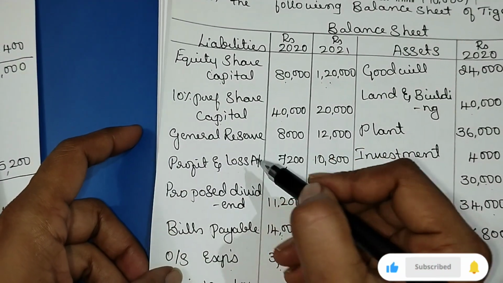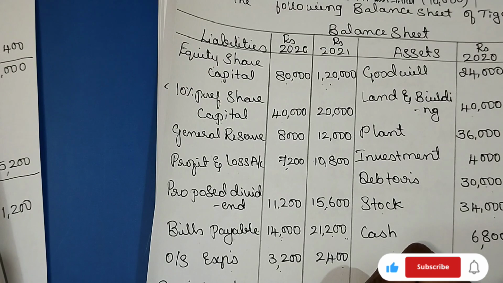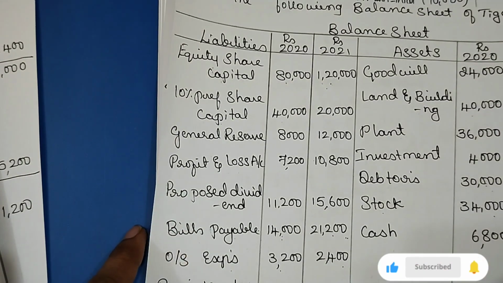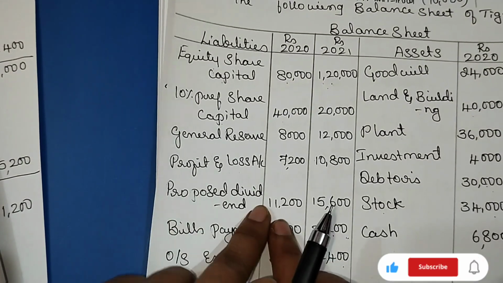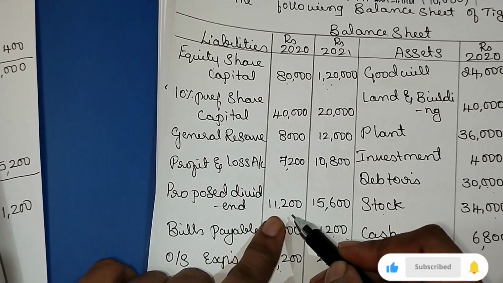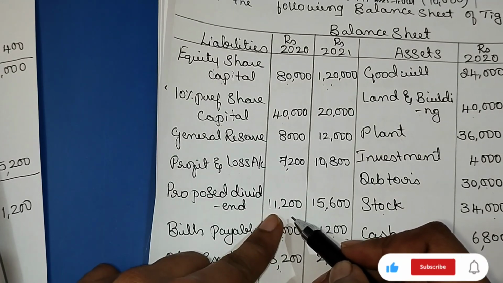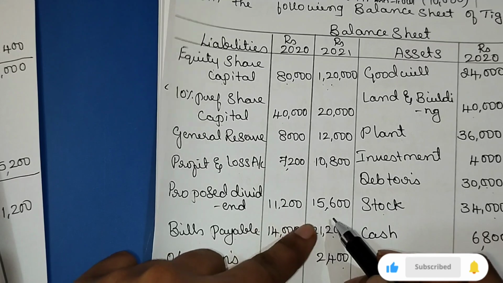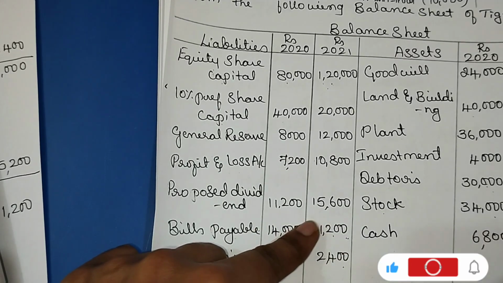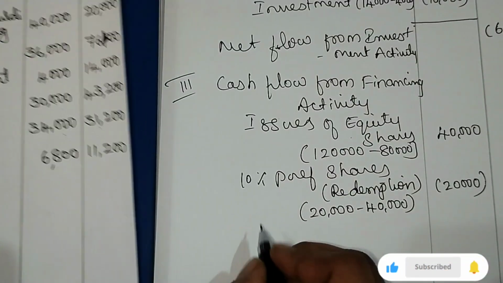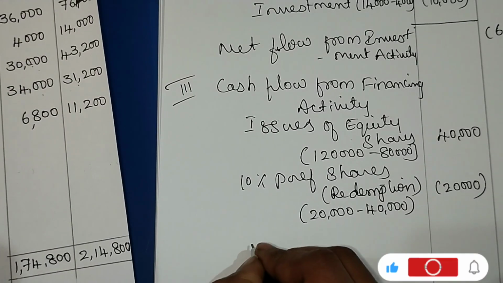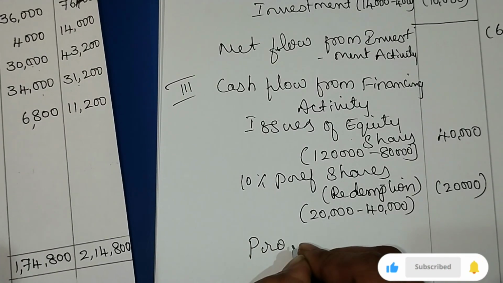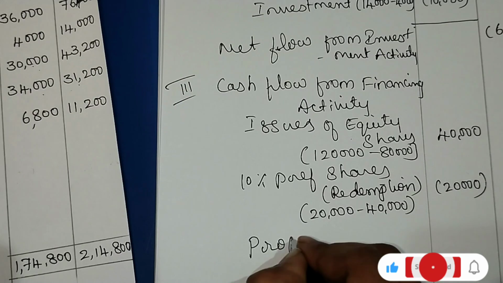Then rest all other items we have considered, and proposed dividend we have declared previous year. We have paid already. So that we need to deduct. Current year we have considered under the operating. The previous year whatever dividend you have paid, that we are considering under the financing activity.